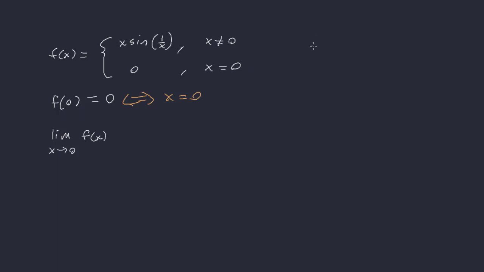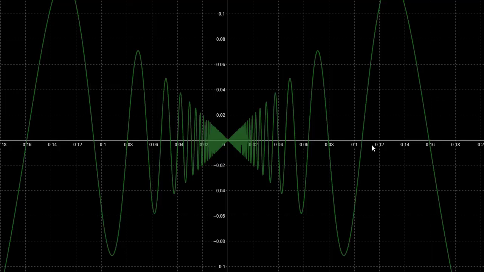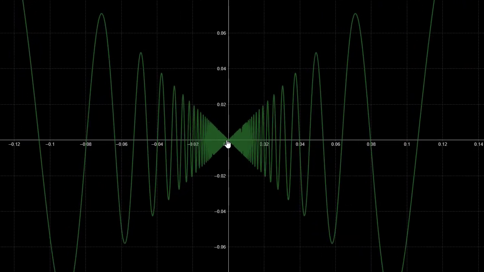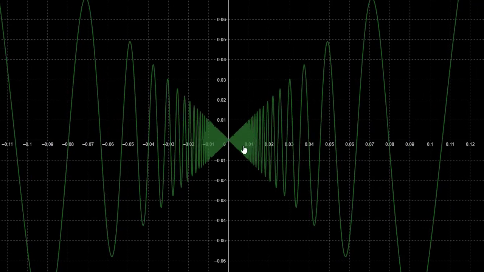Okay, and it appears to be. However, it's hard to use our old definition, because as I look closer and closer to 0 here, it looks like it's jumping, right? Depending on your graphing software, it looks like you have a lot of jumps happening.